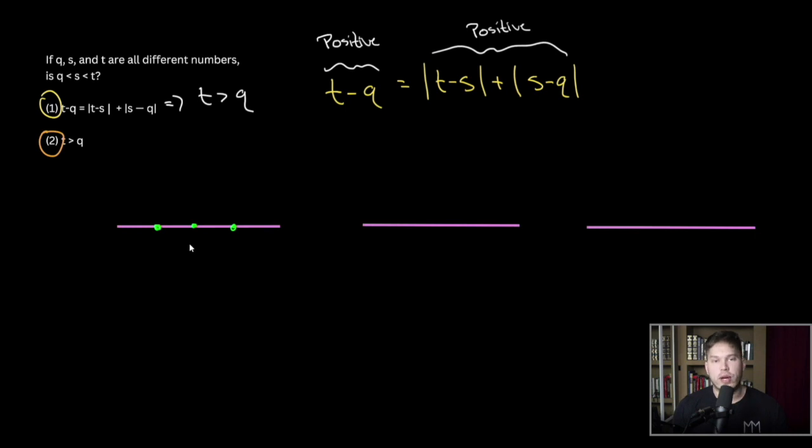We know that T is greater than Q, so we could have T in the middle, Q down here, and S up top. We could have S at the bottom, Q in the middle, and T up top. Or we could have exactly what we're searching for, Q at the bottom, then S, and then T.